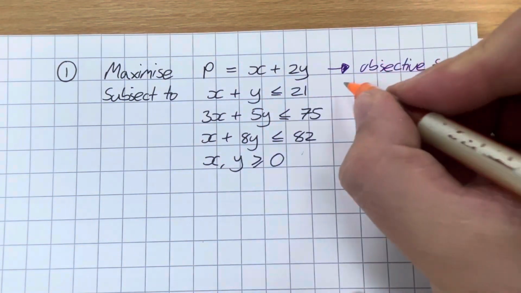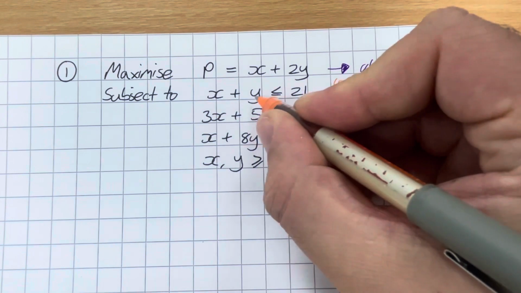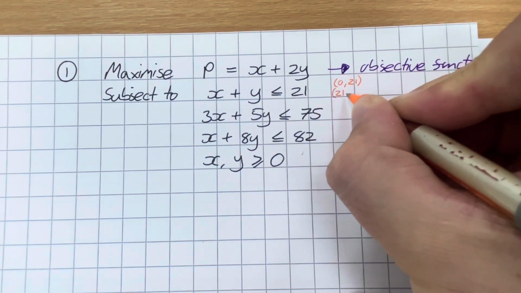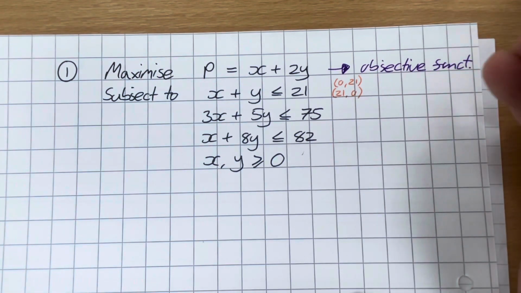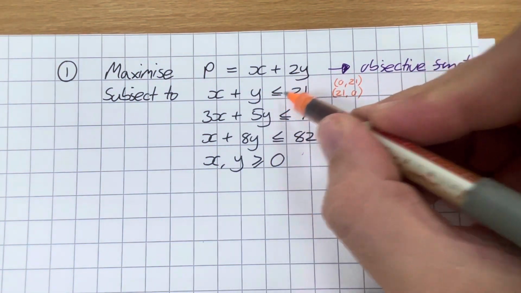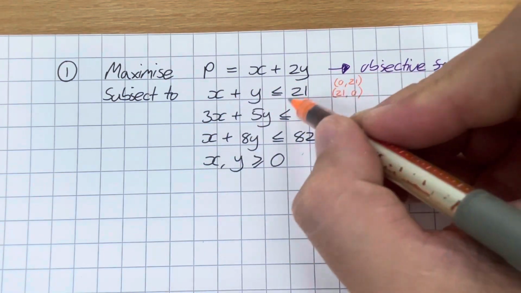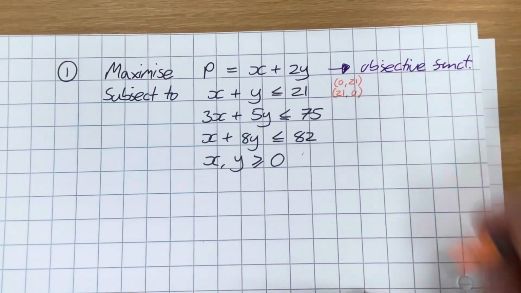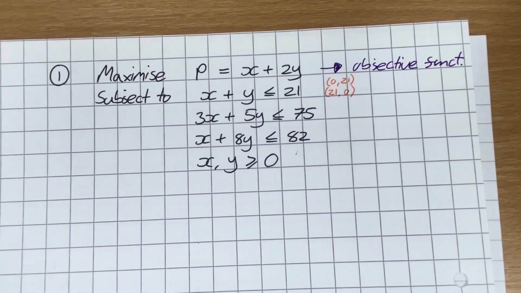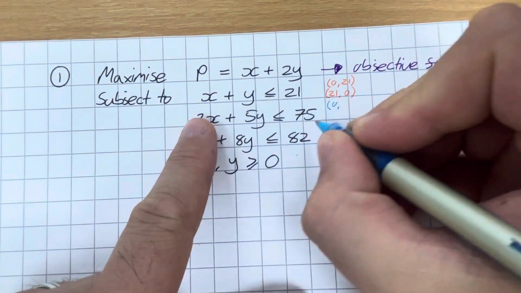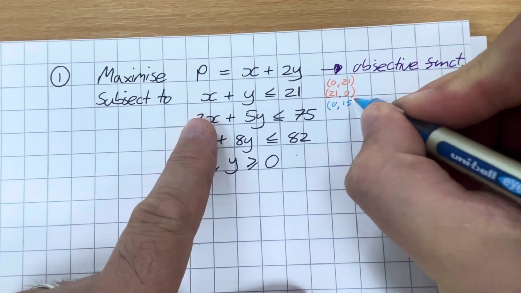So if x is 0 on this one, then y is going to be 21. And if x is 21, then y is going to be 0. I'm just pretending that's an equal sign for a minute. And we're going to draw this linear line, and then we'll decide which side to shade. The second inequality, when x is 0, y would be 75 on 5, which is 15.